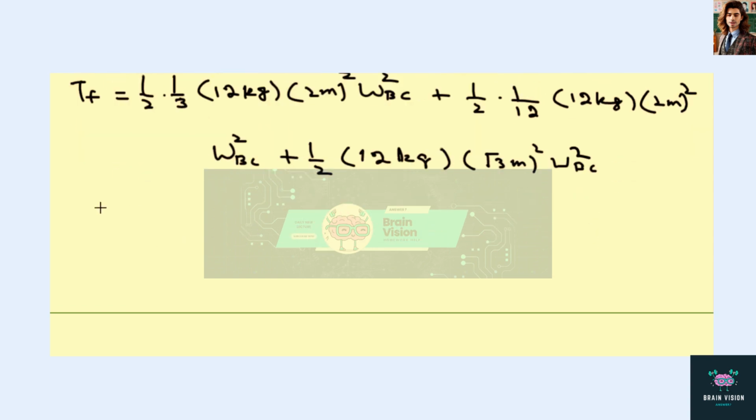So this is simplified as Tf is equal to 28.0 kg meter square into omega BC square.